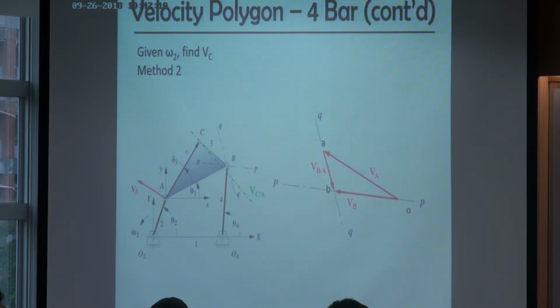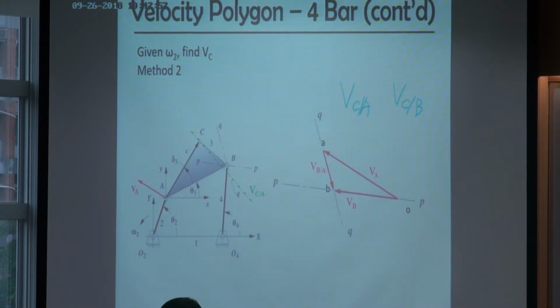In order to find point C, we need two lines with known direction. Right now we have points A, B, O. So if I can find VCA and VCB, and I find the intersection of these two lines. The magnitude is probably unknown for now, but we may have a chance to know their direction. VCA and VCB.